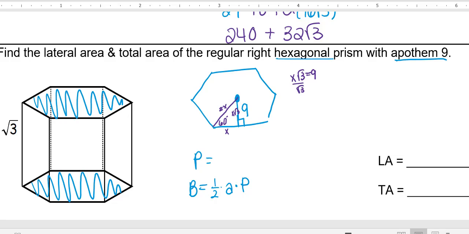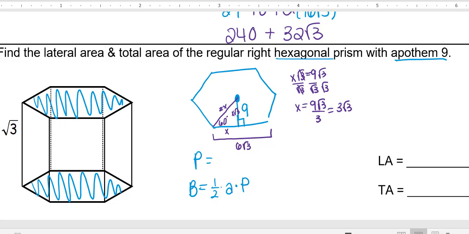Divide both sides by root 3 to get x by itself. And then I do need to rationalize. Multiply top by root 3, bottom by root 3, and then simplify. So I get that this little portion of my side is 3 root 3, meaning this whole side is 6 root 3.